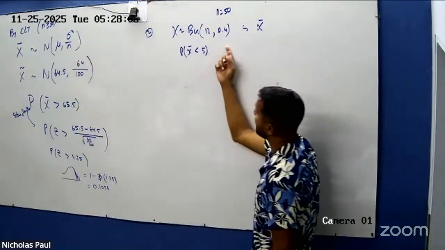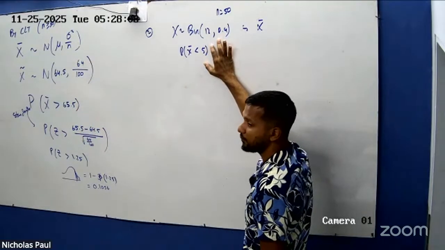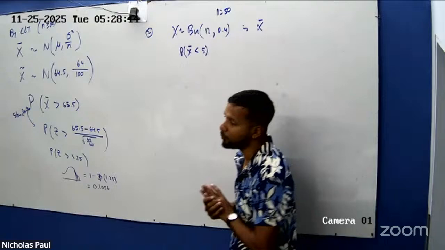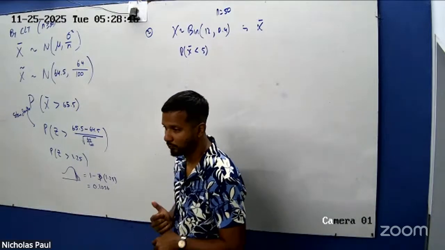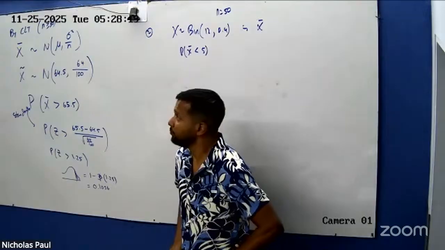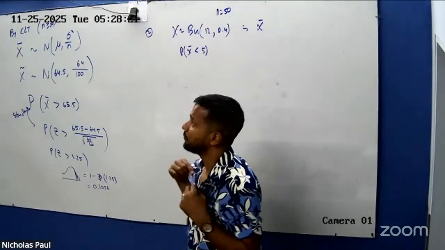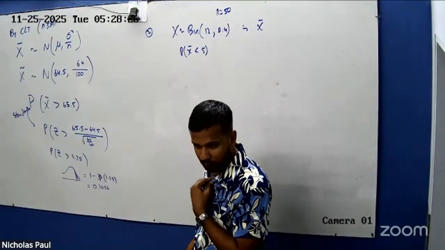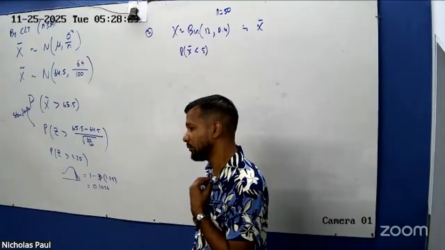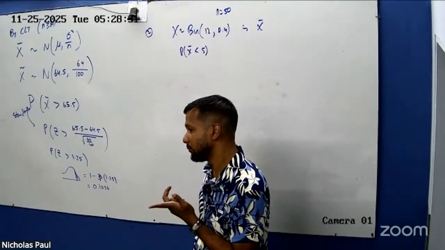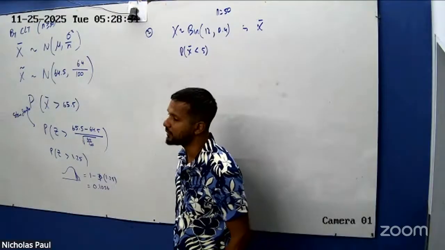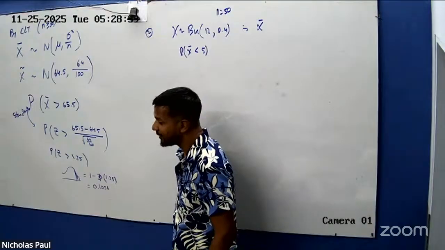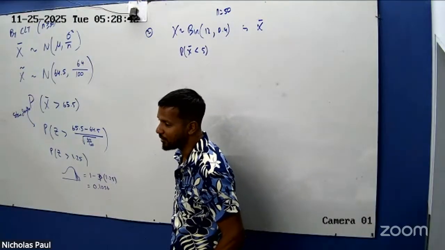Could you find the mean and variance here, given these two values? Check back for binomial. How to find the mean. Mean is what? Mean is np and variance is npq.